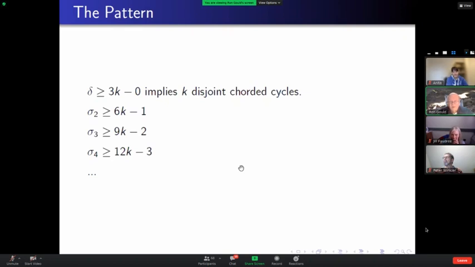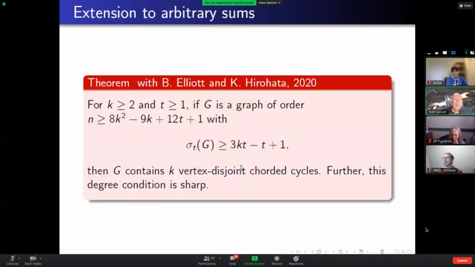We proved that already. And also at the end of last year, with Brad Elliott and Kazuhiro Hara, we were able to show if n was big enough, and that number I'm sure is not best possible, if sigma sub t is at least 3kt minus t plus 1, then our graph had to contain k vertex disjoint chorded cycles.